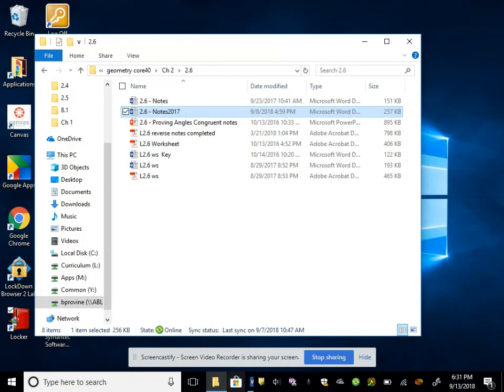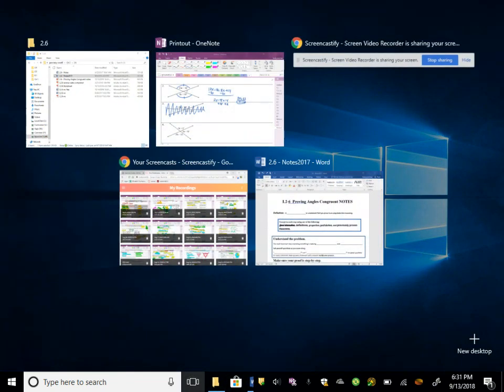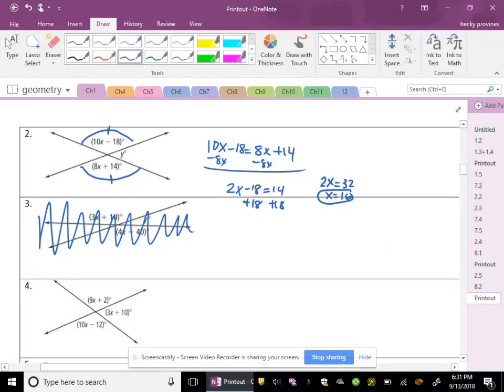So when we plug it back in, we should get the same answer for both of the vertical angles. So let's try it. 10 times 16 minus 18. So that's 160 minus 18, which is 142.